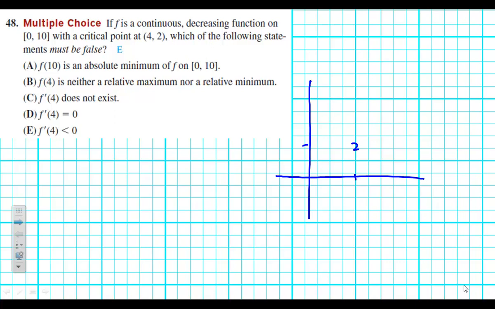So I'm imagining this function doing something like that. And here we are at 10. Is it true that f of 10 must be the absolute minimum? Oh wait. Is it false that f of 10 is the absolute minimum?